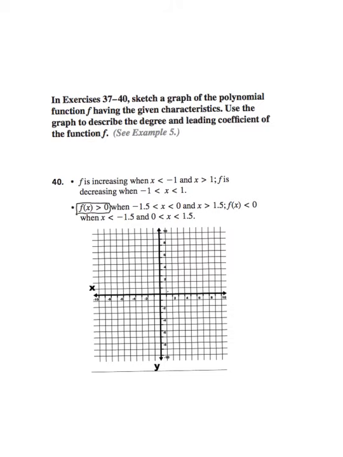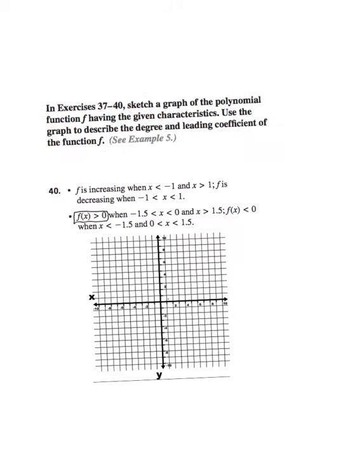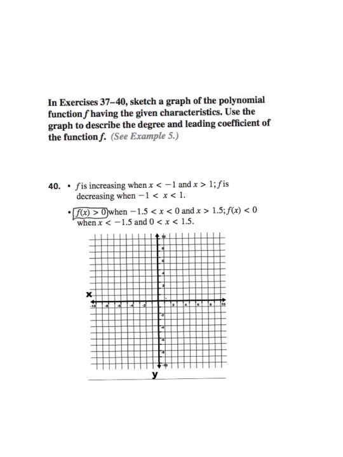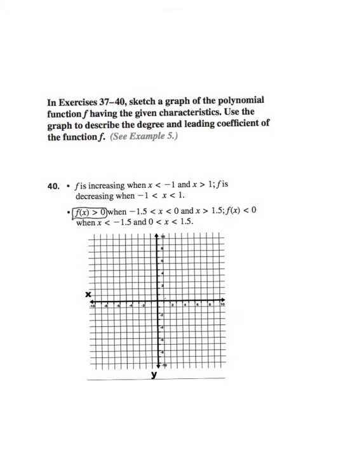Okay, it's telling us first that the function is going up to the right for values of x that are less than -1. So here's -1. Any numbers less than -1, we have an increasing graph, which means that it is going upward to -1.